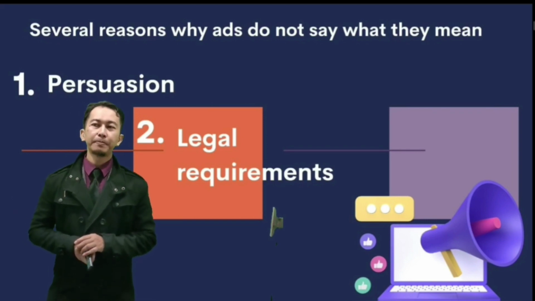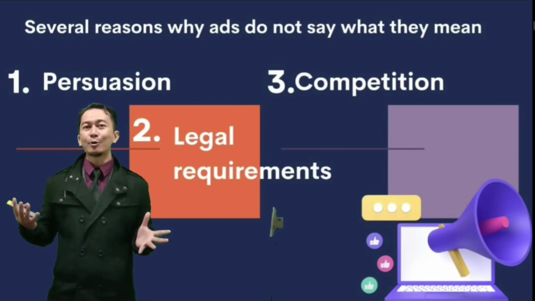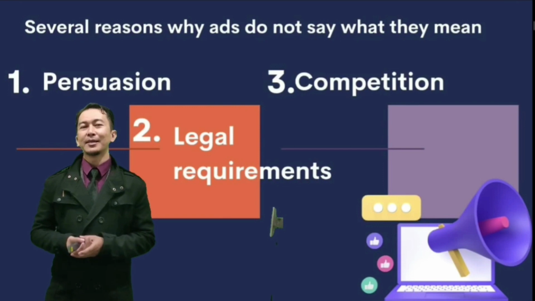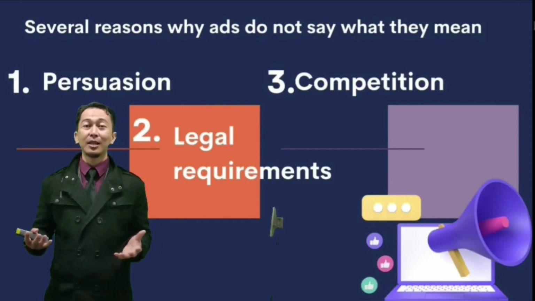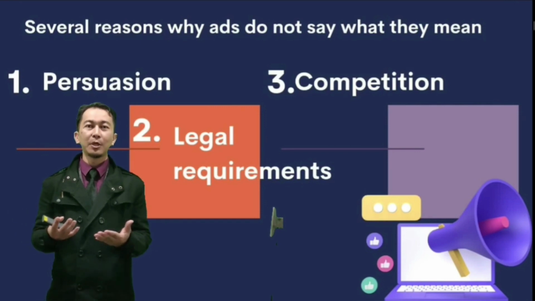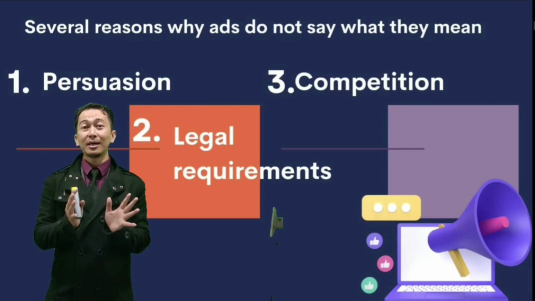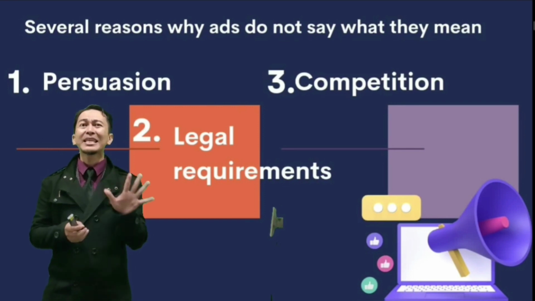And then the third would be competition. In a crowd of advertisements, we are the listeners, the readers, or the watchers. When you watch YouTube probably, you will be shown ads of 5 seconds.